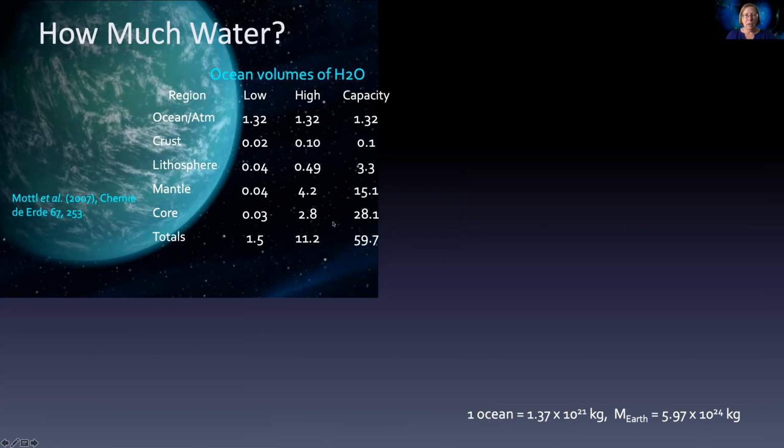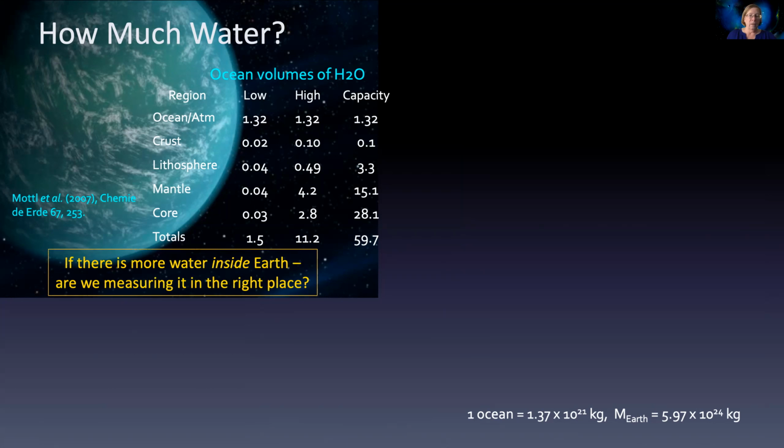Most scientists think conservatively we may have somewhere between 3 and 5 oceans worth of water on the Earth. So this begs the question, if there's more water inside the Earth than on the surface, maybe the D to H comparison that we're making is not the right one. We should not be comparing it to ocean water. It should be inside the Earth.